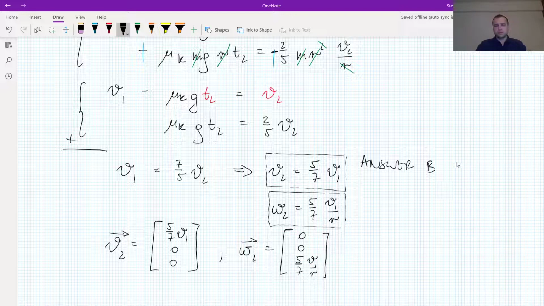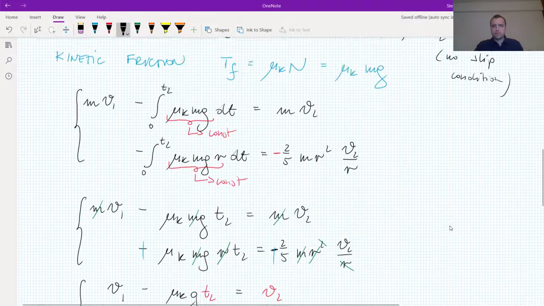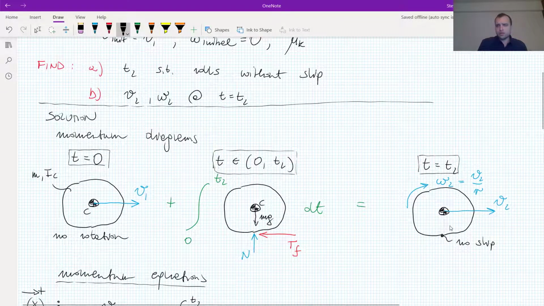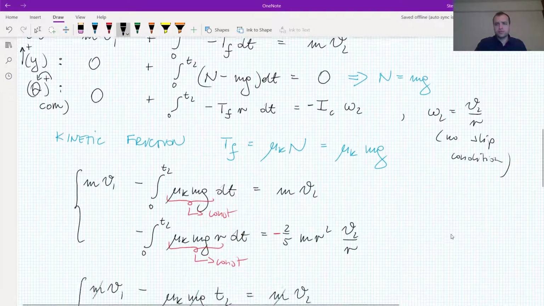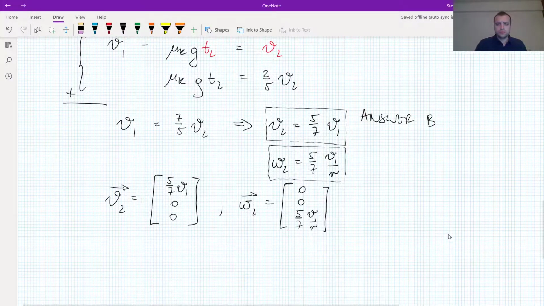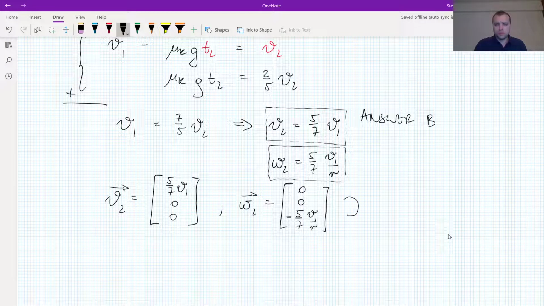But I think it was clockwise, right? Let me scroll up the board. Yes, v2 was clockwise. So I should put minus in there. So it rotates in a clockwise direction. Okay.